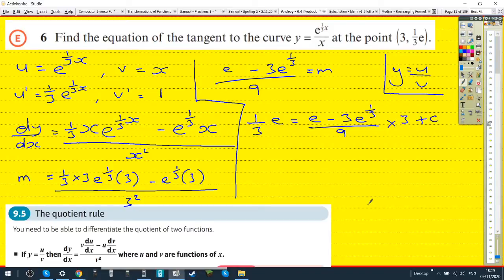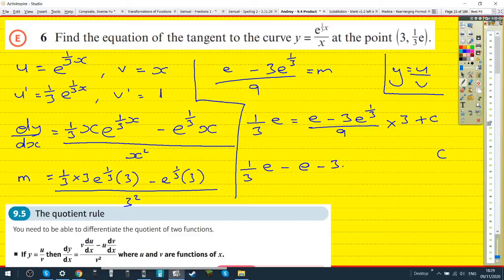And then c equals a 30 minus 3e minus 9e over a third over 9?